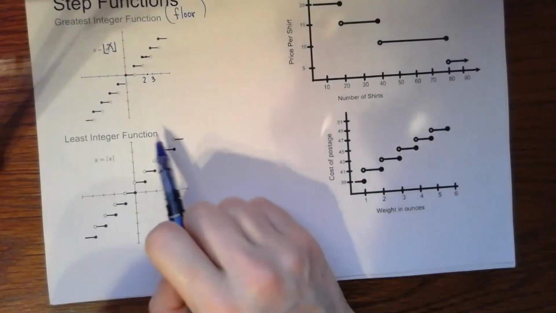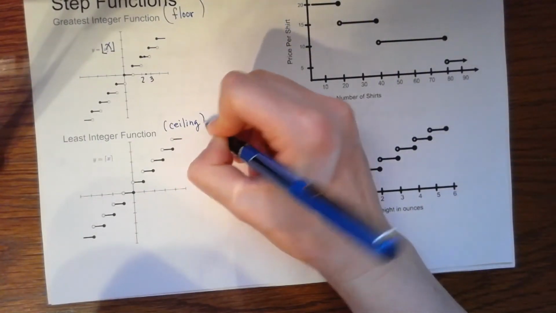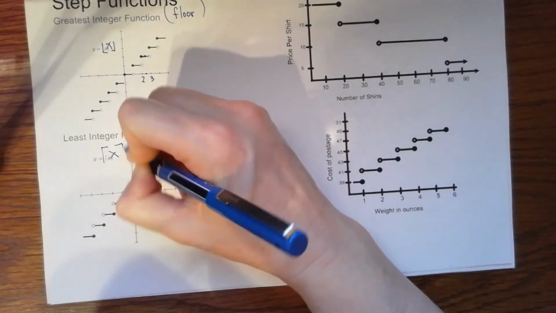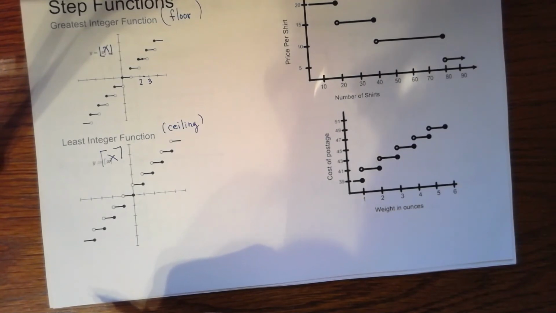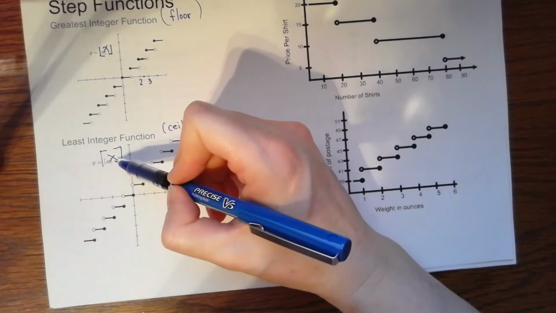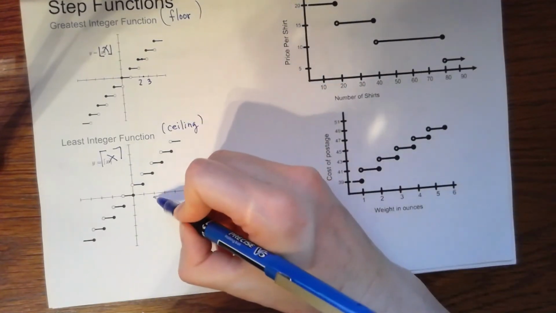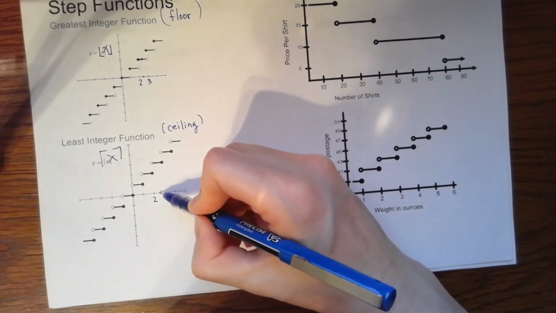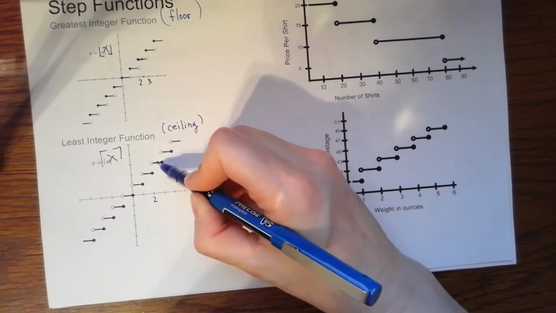The least integer function is also sometimes called the ceiling function, and that's written this way. This is the least integer, the smallest integer that is greater than or equal to x. Once again, here's 2. If I do 2.4, that evaluates to 3. That's the smallest integer that's larger than or equal to 2.4.